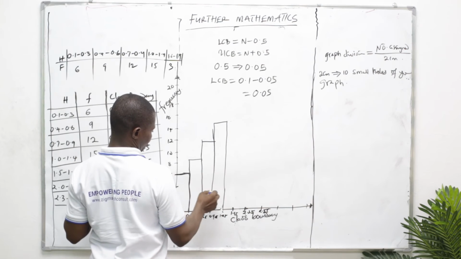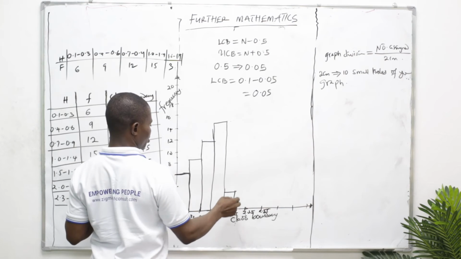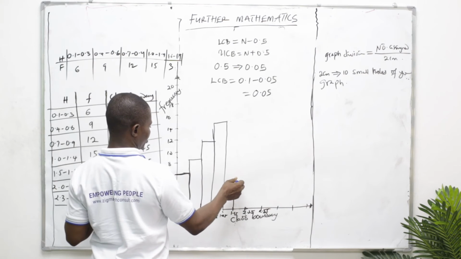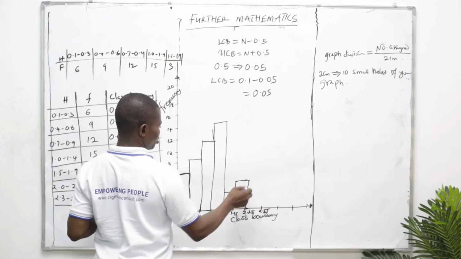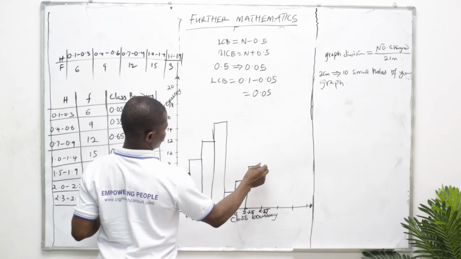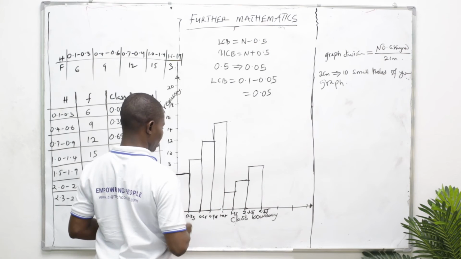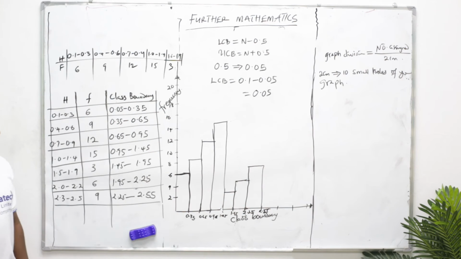See my 3 here. You flow down. 6 go this way. It also flows down. 9. And that is it. This is your histogram.